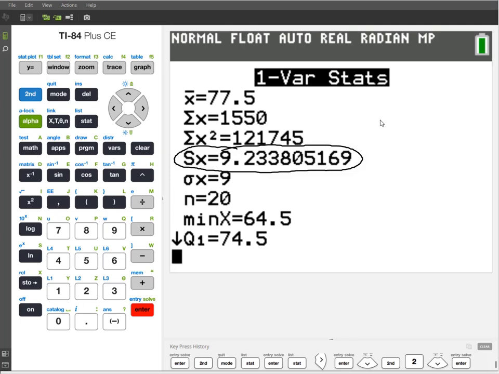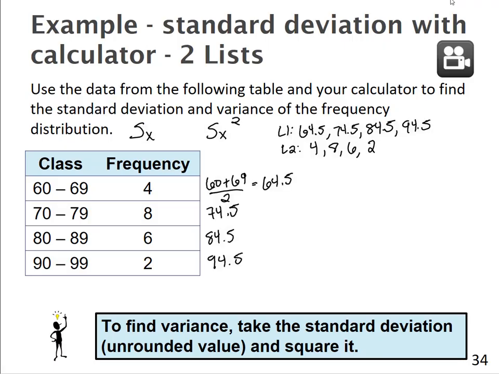On Pearson, you will be told how much to round or how many decimal places. So I'm going to go ahead and write out my standard deviation as 9.23.